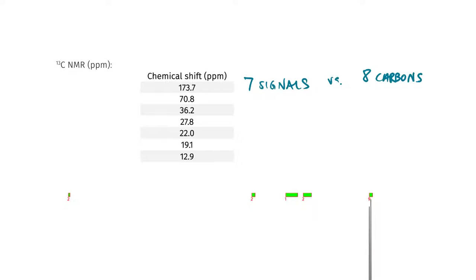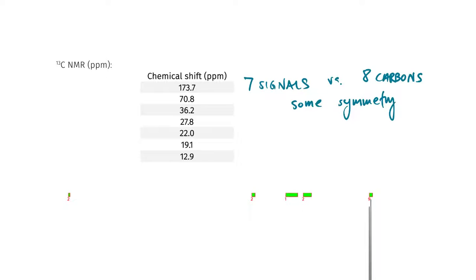Yeah, we have some equivalent carbons. We have some carbons that are equivalent magnetically and probably chemically too. It shows that at least part of the molecule somewhere is symmetric. Okay. So that's some symmetry.